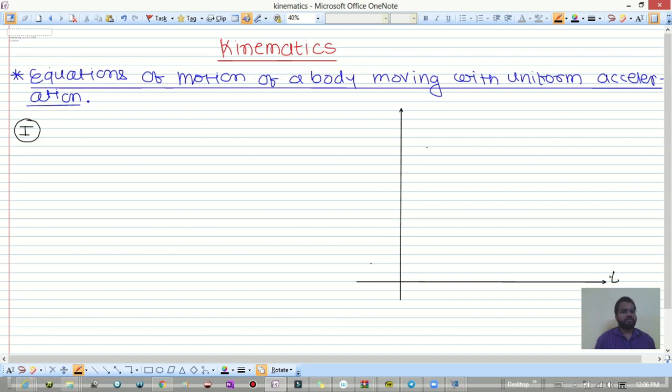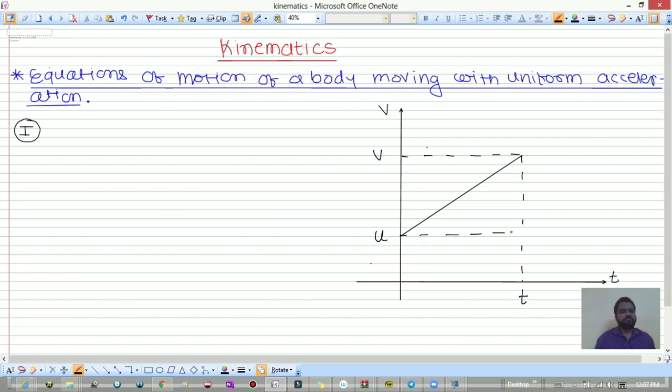This is the time axis and this is the velocity axis, and let us consider the initial velocity is u and the final velocity is v. So over here the final velocity is v at time t.